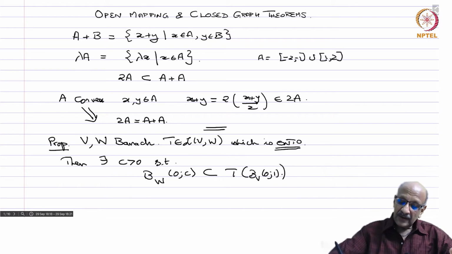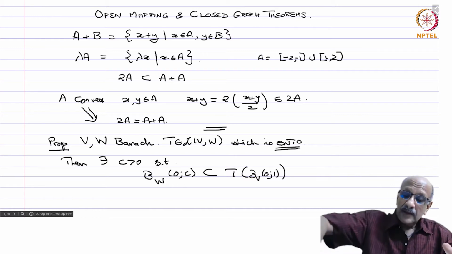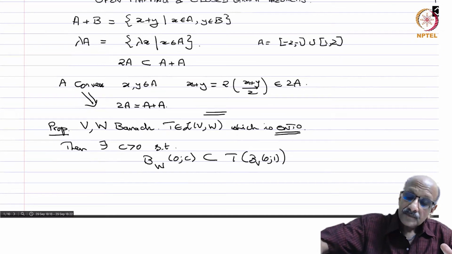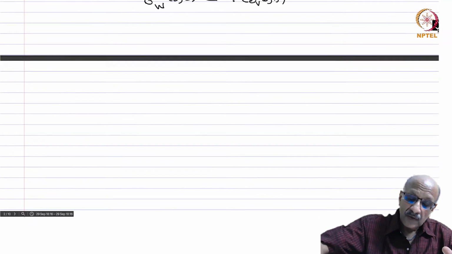This says that if you take a neighborhood of the origin and T is an onto continuous linear map, then the image is also a neighborhood of the origin. From this we will be able to show that T maps open sets into open sets, and that is called the open mapping theorem. Okay, so let us prove this.